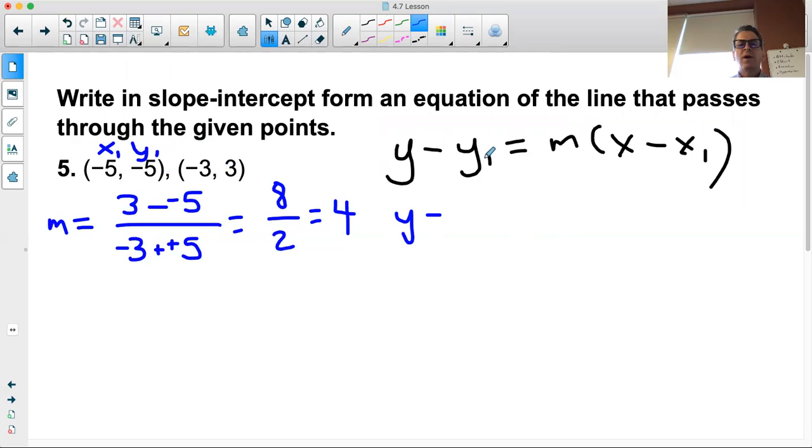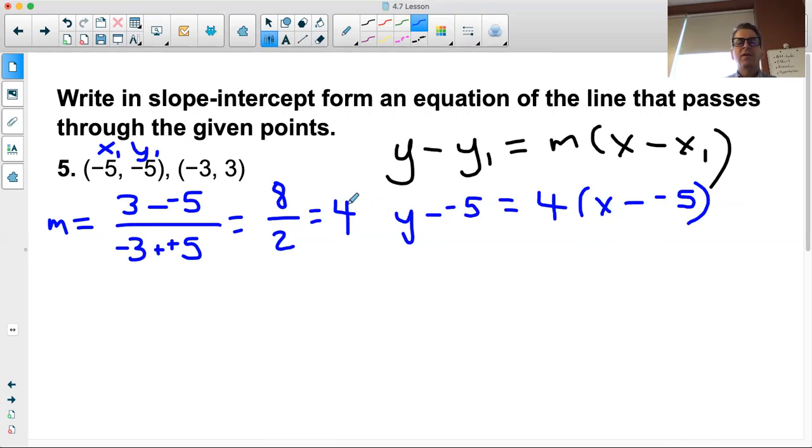So I'll use this y as negative 5 is equal to the slope, which is 4, times x minus the x, which is negative 5 again. So I use the negative 5 point.